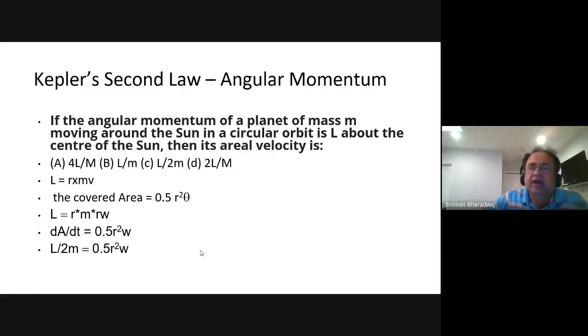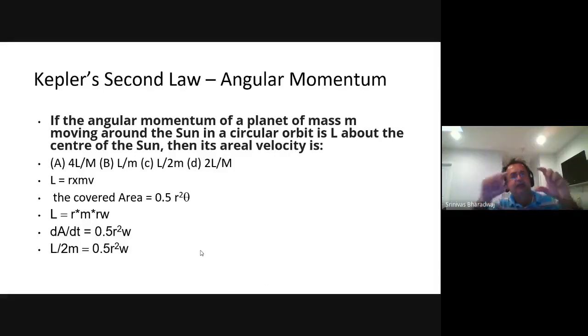So in a short period of time, if something was moving in uniform circular motion, what will be the area covered? It will be half r square theta.